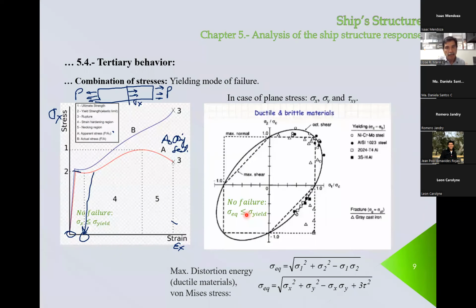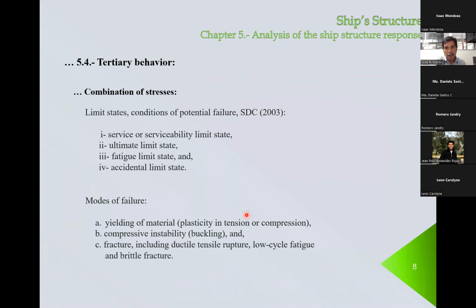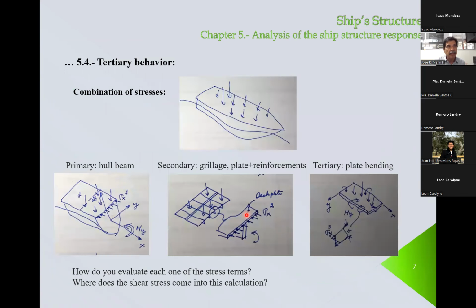So let me go back to the example here. In this example, I would have a sigma x which is negative, a sigma x which is also negative, so these two will add, and I have y. Sigma y could be positive or negative, because on the thickness, I have both cases, on the top or on the bottom.